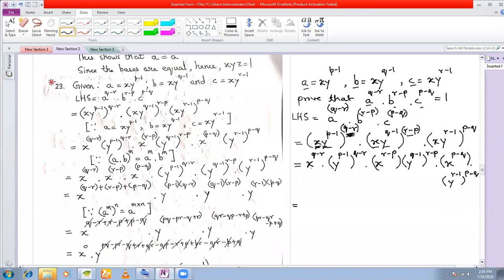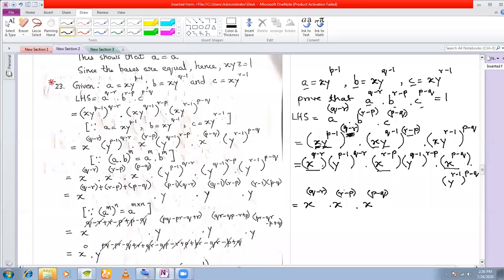Okay, now you take the x's together. Keep this within brackets. This x, this x, this x you take together. x to the power of q minus r into x to the power of r minus p into x to the power of p minus q.